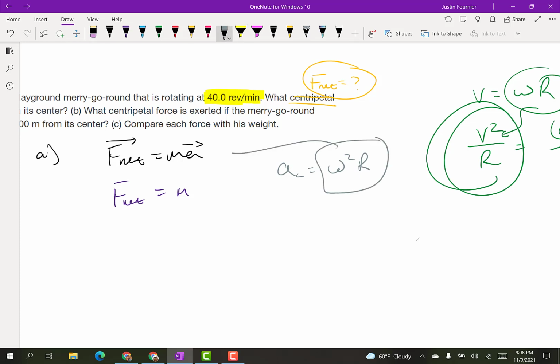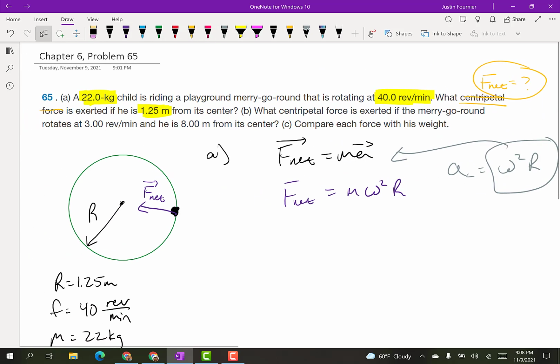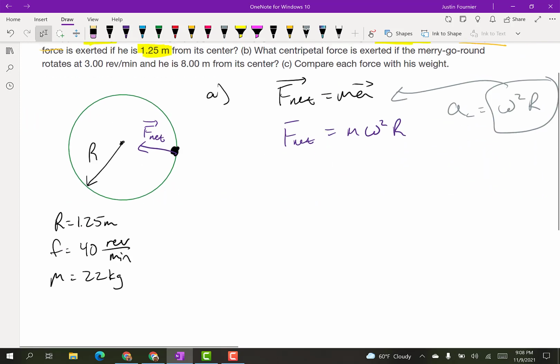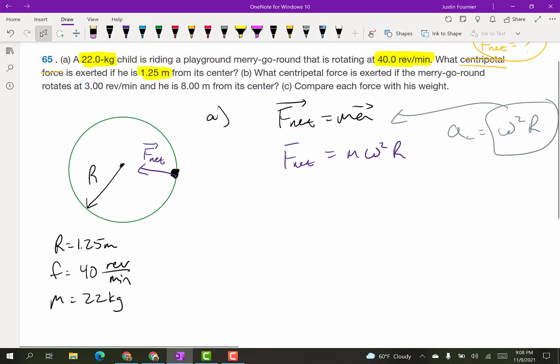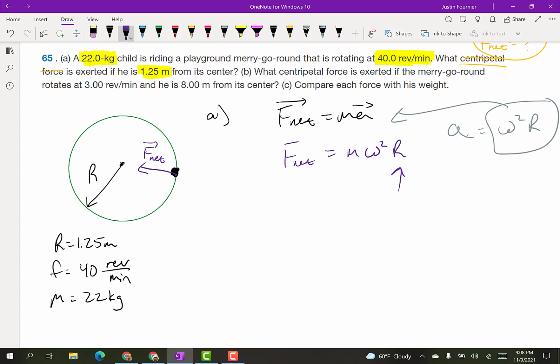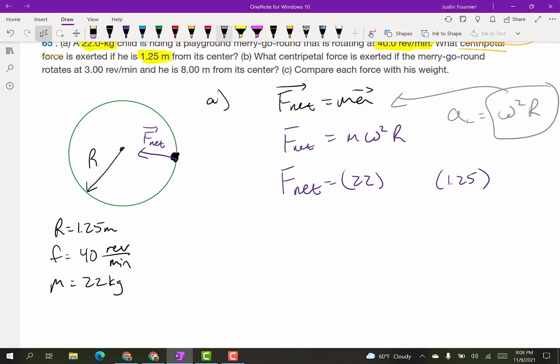So I'm going to plug that in, and this is going to be omega squared times the radius. I know the mass of the child, it's 22 kilograms. I know the radius, it's 1.25 meters, but now I need to figure out what omega is in order to solve for this. So I'll plug in everything right now and then get omega squared in just a moment.